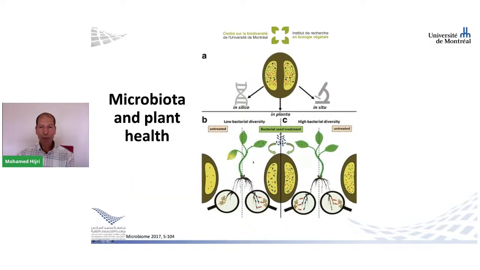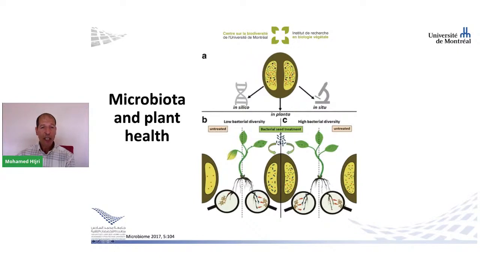This example here really shows a very nice demonstration of the importance of microbiota in plant health. The authors took groups of seeds, canola seeds here, and they did different treatments using in silico analysis, but also microscopic observations.